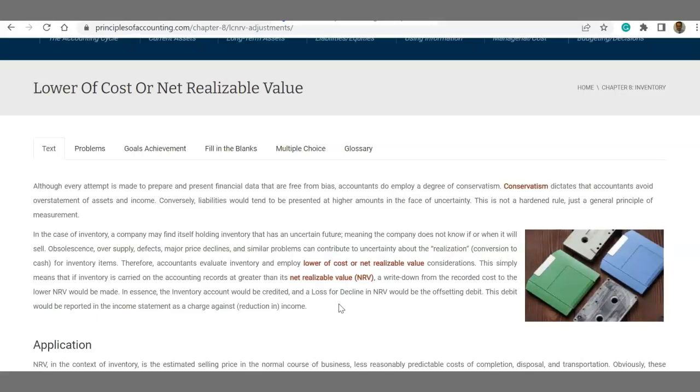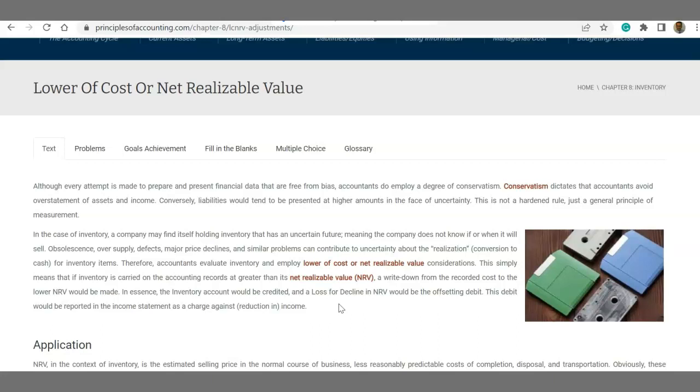Are you going to show in your balance sheet that you have one t-shirt left for $10, or are you going to be conservative and show the lower of cost or net realizable value, which is $9? Obviously, you have to show $9. So you will write down your inventory by $1 in your balance sheet and show only $9 inventory. And that $1 write down will be recognized as loss in inventory valuation or loss in inventory adjustment to market.